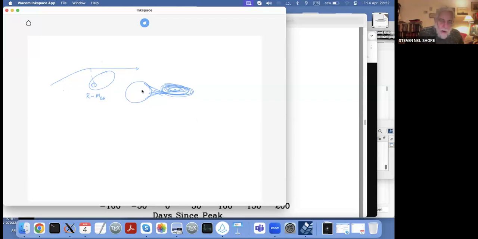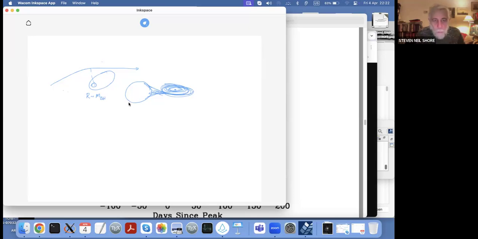The star will start doing exactly what it would normally do if it were in a binary system and filling its Roche lobe. It would start dumping matter onto the companion, in this case, the central black hole. The difference is this doesn't become bound. And if it's close enough, it will get torn apart.